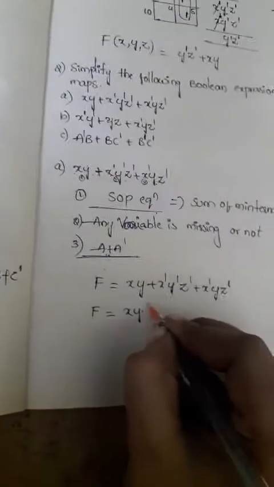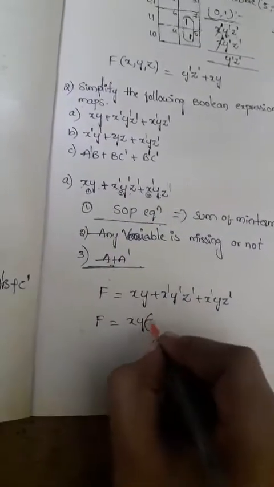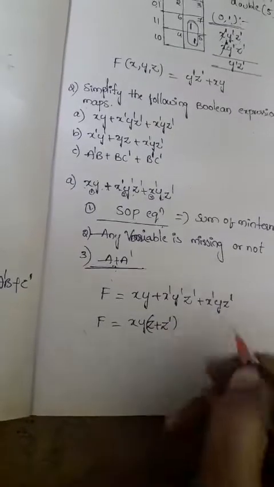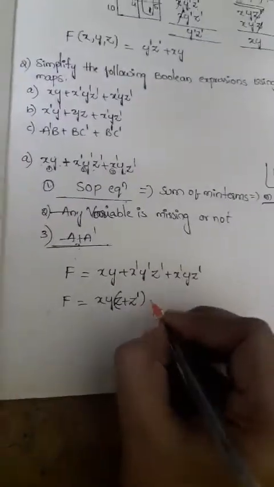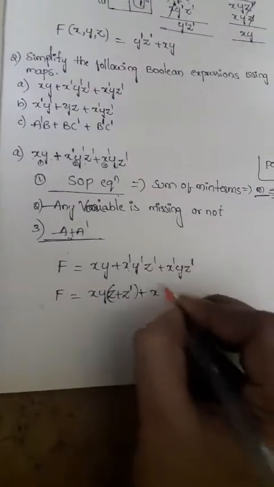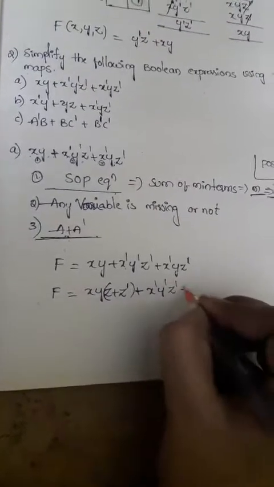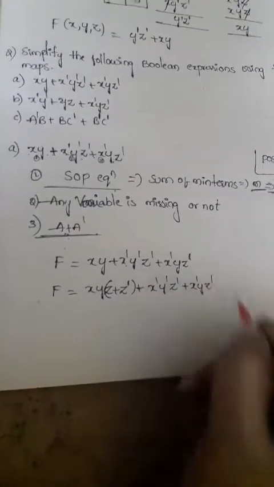That means here multiplied, here adding. So xy, I can multiply with this logic for the missing variable: z plus z complement, next x complement y complement z complement plus x complement y z complement.